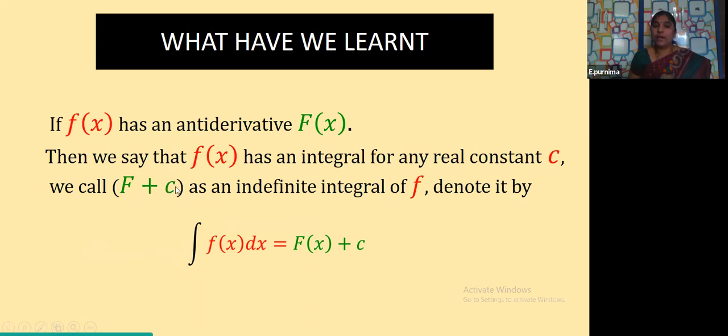Because there may be a variation in the constant, so we are not definite that it is a single value. There is a difference in the function by a constant. So it is called the indefinite integral, and it is denoted by integral f of x dx is equal to F of x plus c.